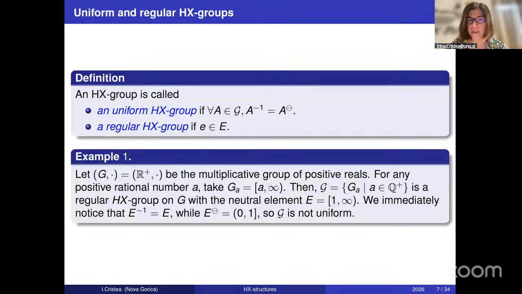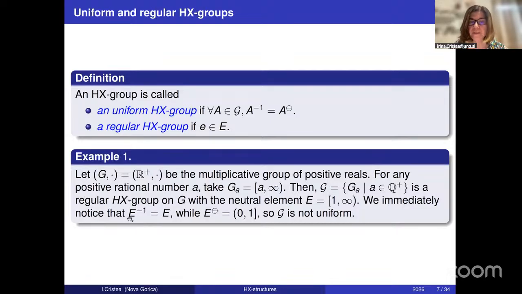As an example, if I consider the group of the positive real numbers with the multiplication, then for any positive real number a, we can consider the semi-closed interval [a, infinity). Then we construct the set, a round italic G, let's say.